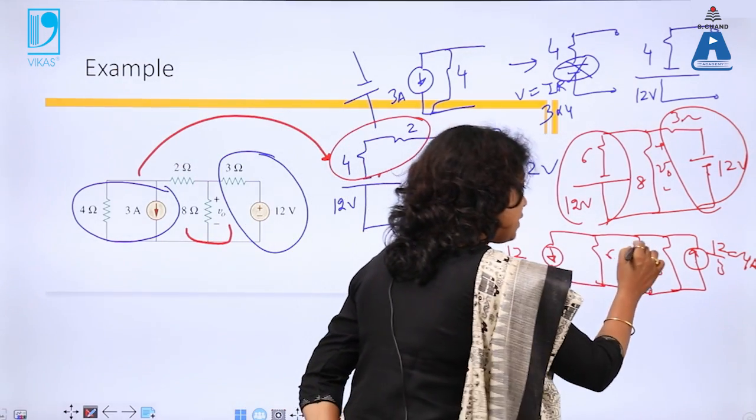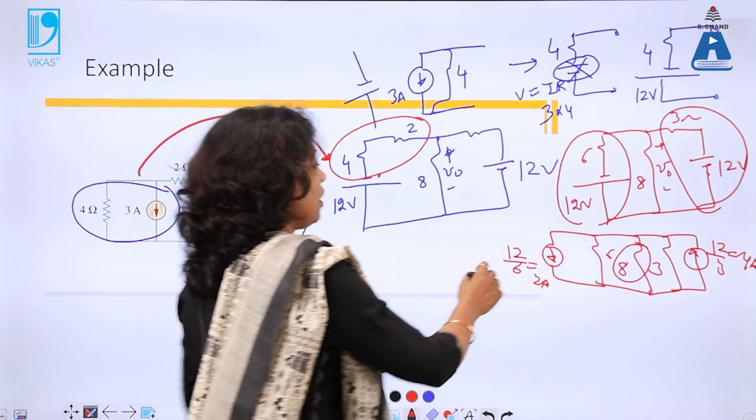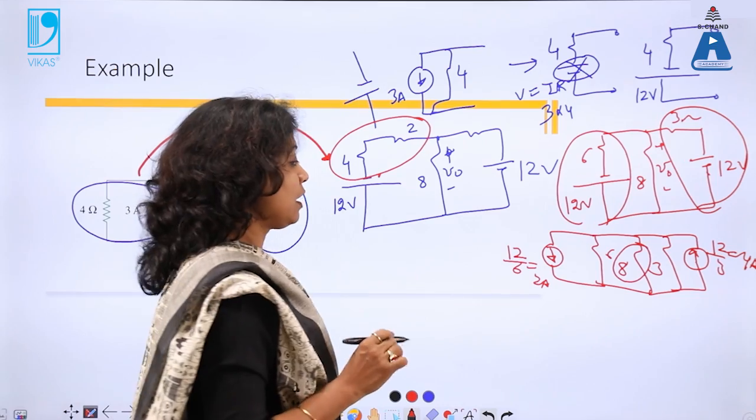And I need to find V naught across 8 ohms, so I cannot touch 8 ohms. So now all the branches are in parallel, and I can find the resultant current and voltage.